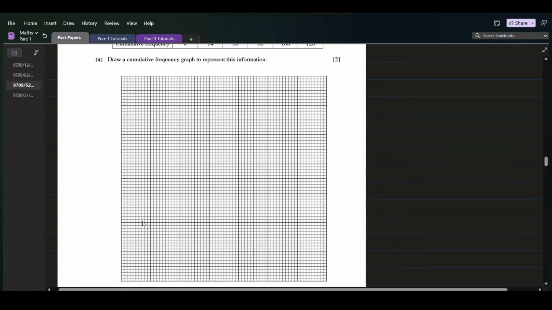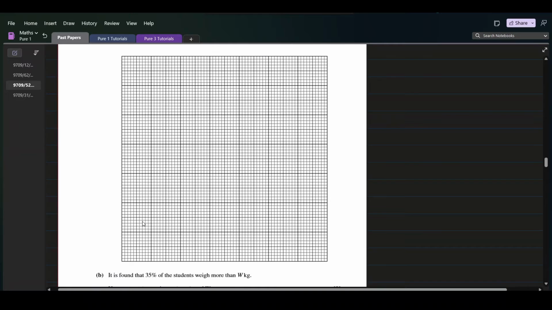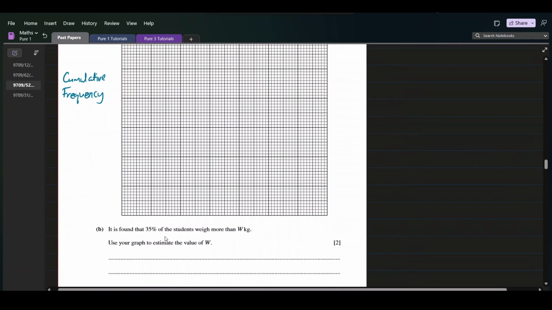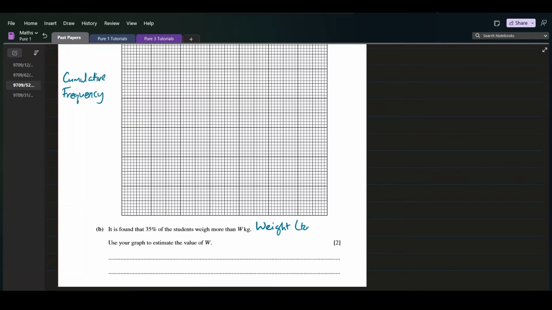Okay, so let's start by labeling our y-axis as cumulative frequency. And then our x-axis would be weight in kg.